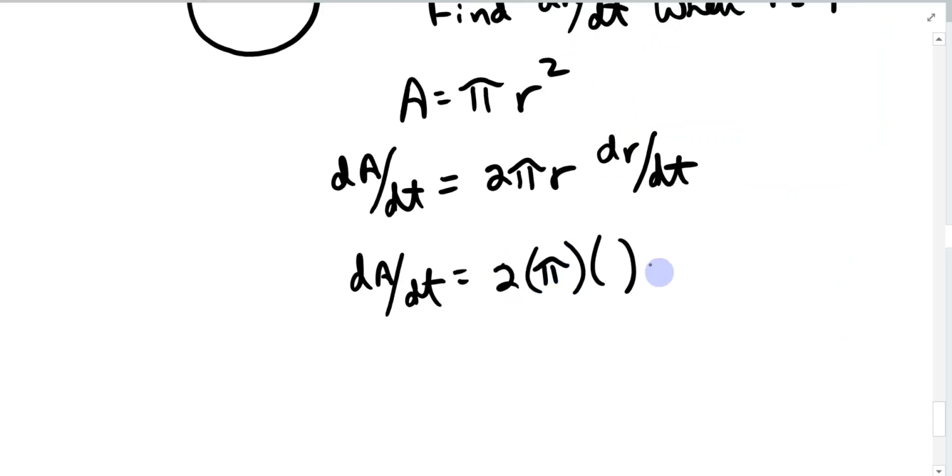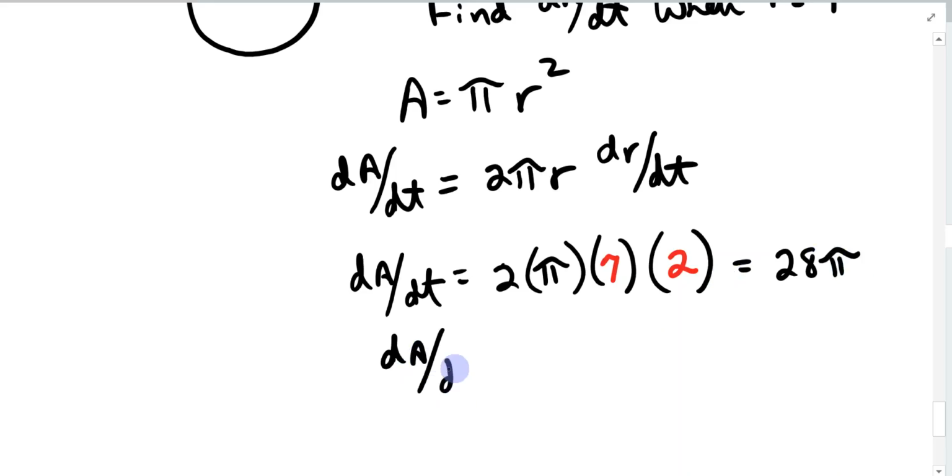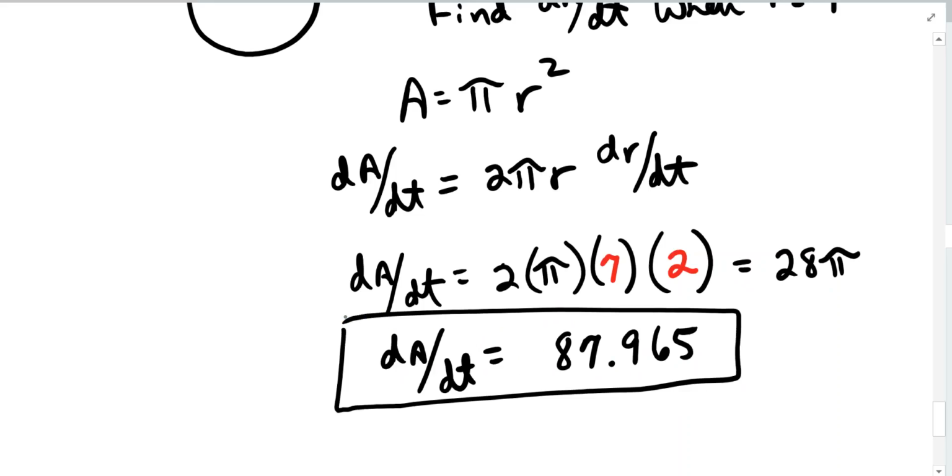Now r we're given, and dr/dt we have. So r was 7, and dr/dt was 2. So when we do all that in the calculator, of course we get 28 pi, and then we'll do the equivalent on the calculator, and 87.965 I think is what we get. It says round to 3, and that's what we get.